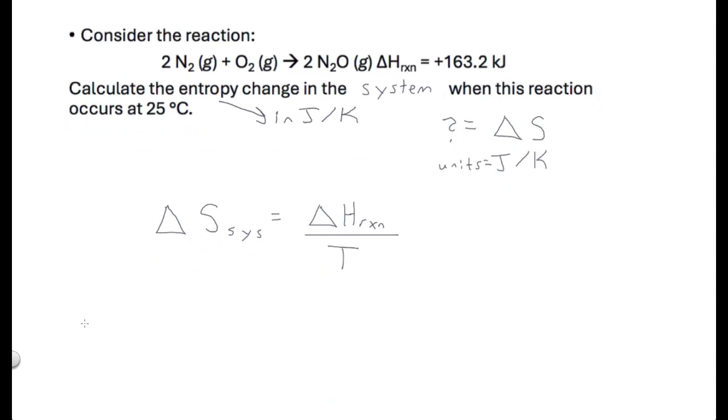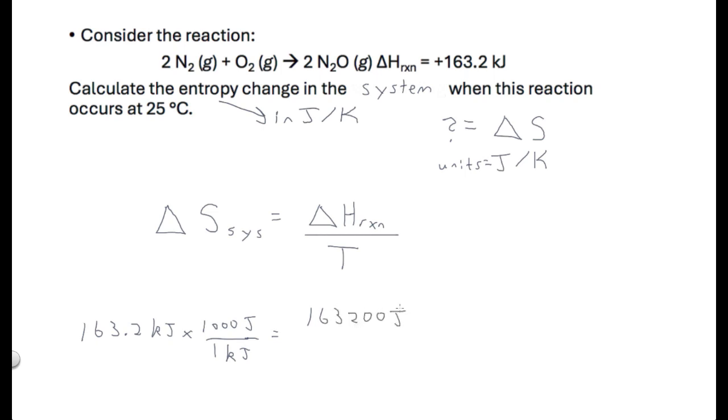So that would be 163.2 kilojoules times 1000 joules over 1 kilojoule. And that gives us 163,200 joules.